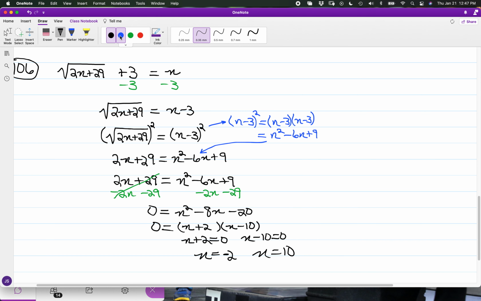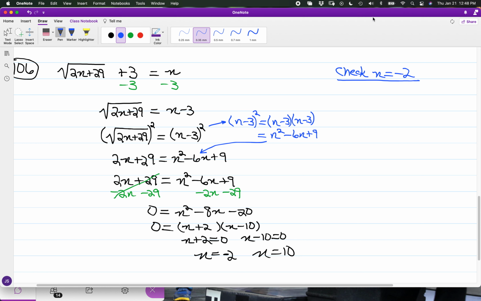And again, just checking what we have. Now, if you have odd root radicals, like cubic roots, you don't have to check. But in the case of even roots, it is strongly recommended that you do check.